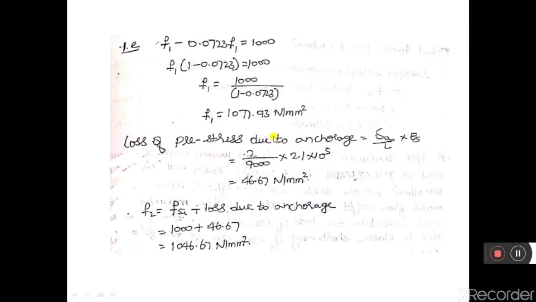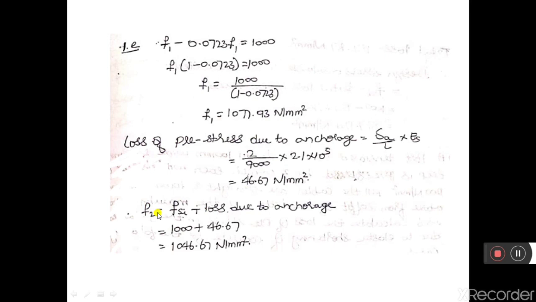So by considering this loss, what should be the initial pre-stress that has to be applied to the cable such that after the loss of anchorage slip, the net pre-stress available in the cable will be 1000 Newton per mm square. So that is F2, which is asked in the question.